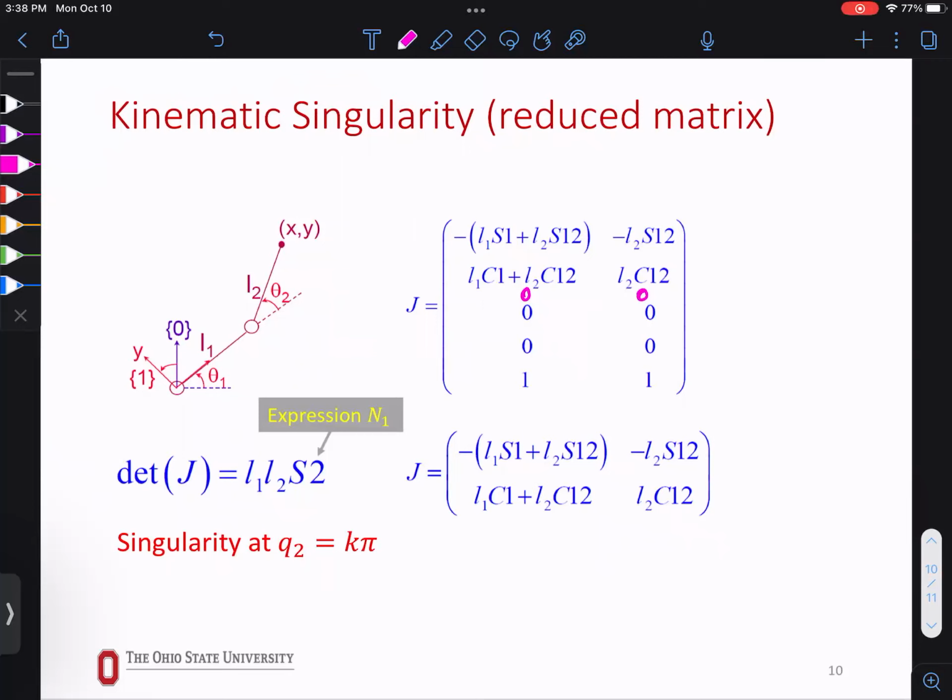So you can't find the determinant of that. But we can get the determinant of an expression. If you get the determinant of this part, 0, 0, 0, 1, 0, 1, it's going to be 0, 0, right? It's not going to give you any information. So we can use the reduced Jacobian and then find the determinant of that.